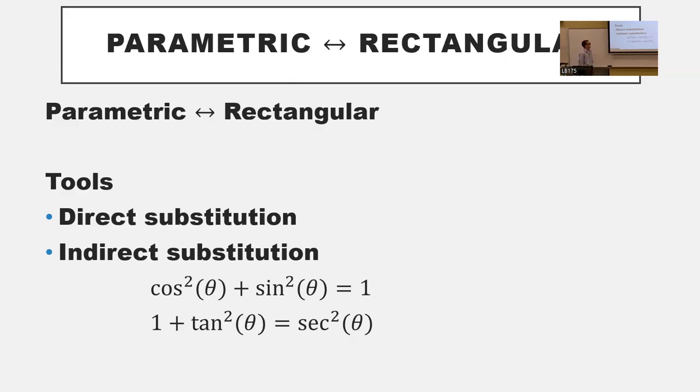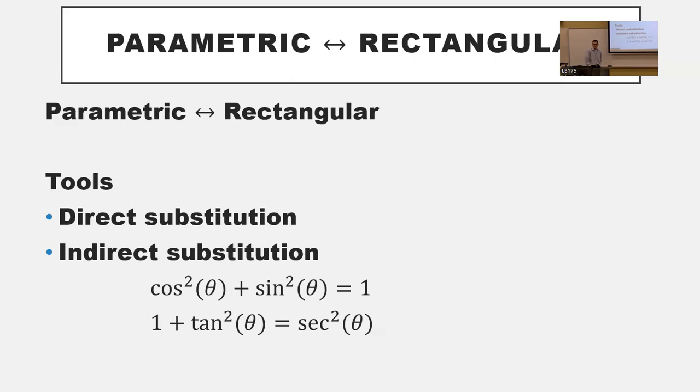Okay. And those are our trig identities. These two in particular, the two Pythagorean identities: the one that involves cosine and sine, and the one that involves tangent and secant. We have cosine squared plus sine squared equals 1 for cosine and sine of the same angle.